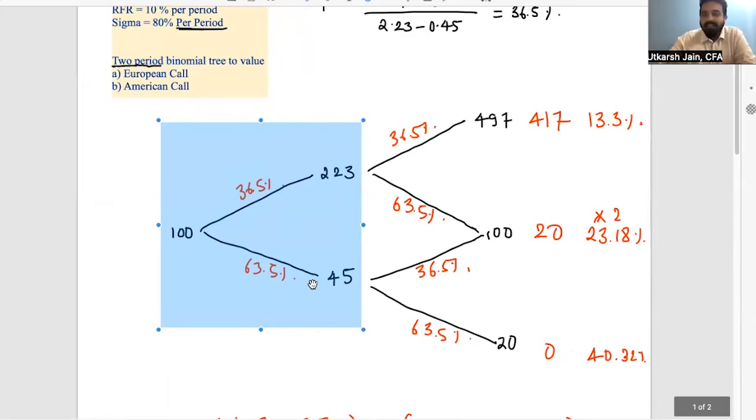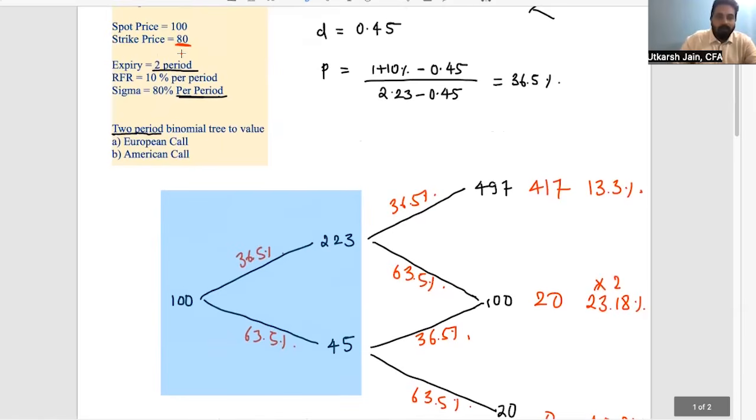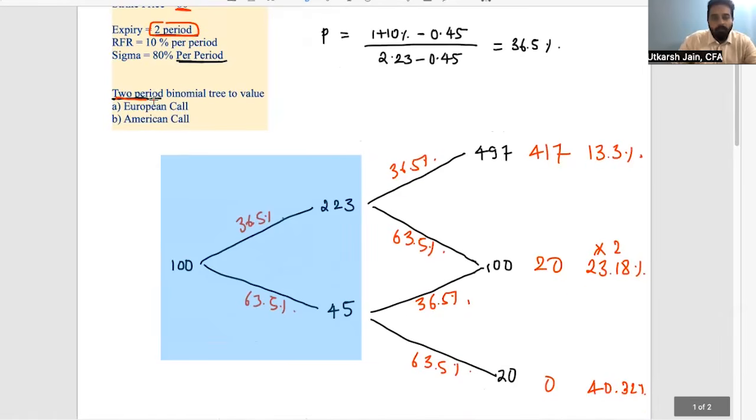Your thinking is always in the context of: I'm building U, I'm building D, I'm building P for this leg. If I have to calculate U, I have to calculate how much 100 will go to what level within this period. Now, what is this period? Here, your expiry is 2 periods, and you're building a 2-period binomial tree.